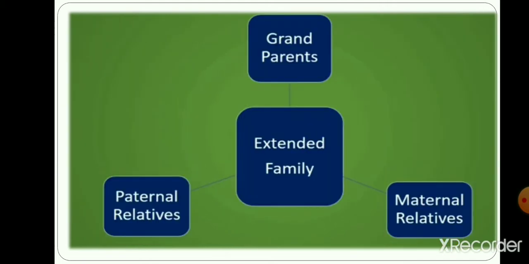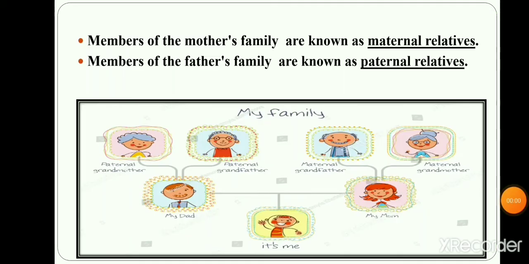Extended family. Your grandparents, uncles, aunts and cousins make up an extended family. Our paternal and maternal relatives will also come under extended family. Members of the mother's family are known as maternal relatives, for example, your maternal uncle, your maternal aunt.